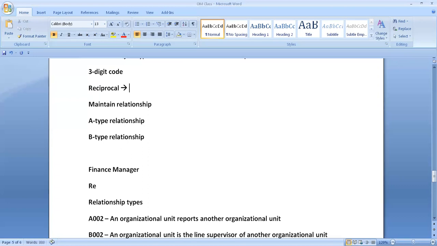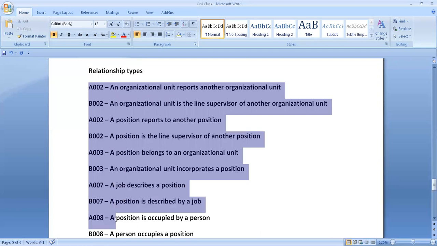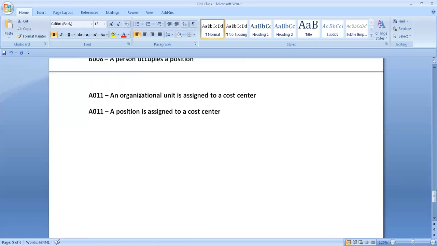What is reciprocal? If I'm creating A, the system is creating B. If I'm creating B, the system is creating A. It means it's a two-way relationship. It is always a two-way relationship. That is why we have maintained all the two-way relationships. All these are two-way, except this one.